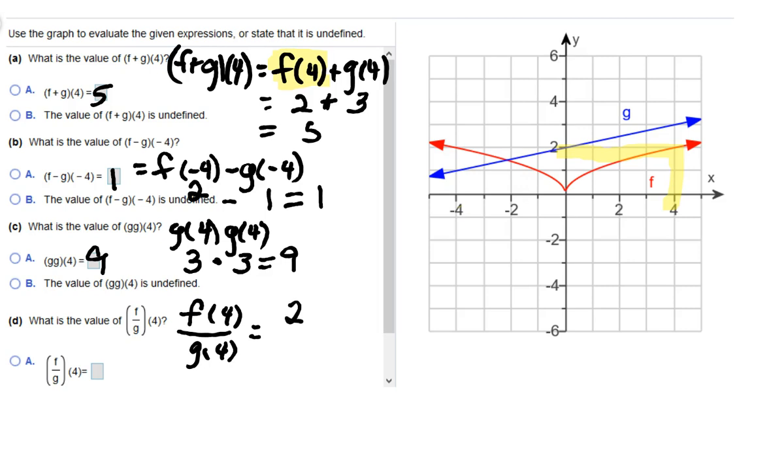So that goes in the numerator. For g of 4, I have x value of 4, go up to the graph and over, I have a y value of 3. That goes in the denominator. So f over g of 4 is 2/3.